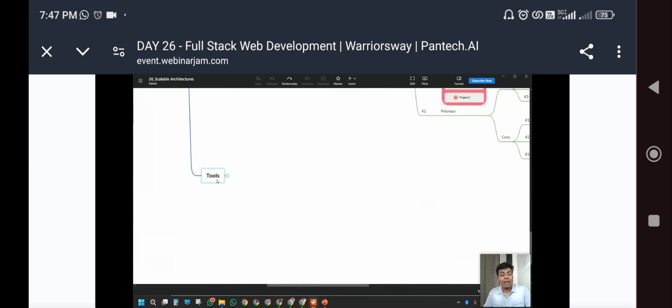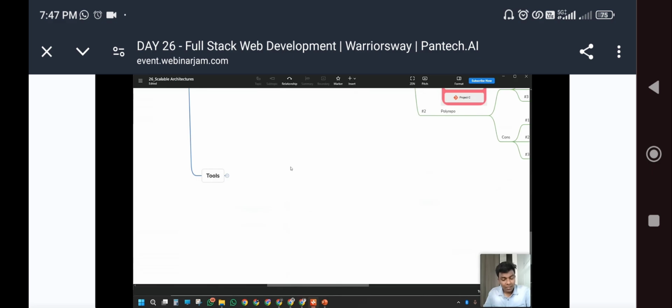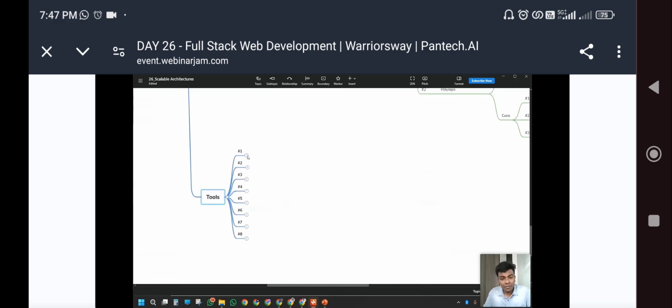Another important thing all developers should know is tools. Based on the need, it can be for logging, it can be for monitoring, or a different category. So you really require certain tools. First, the category of containerization and orchestration.